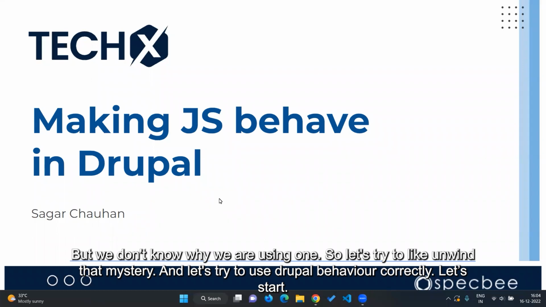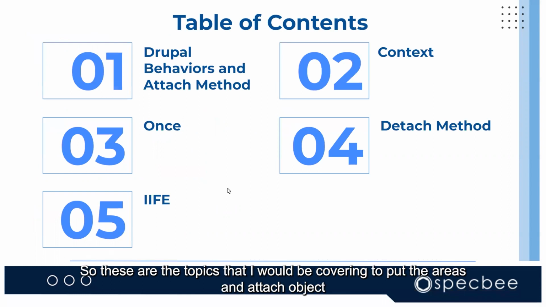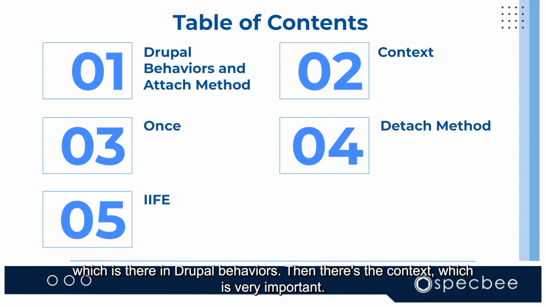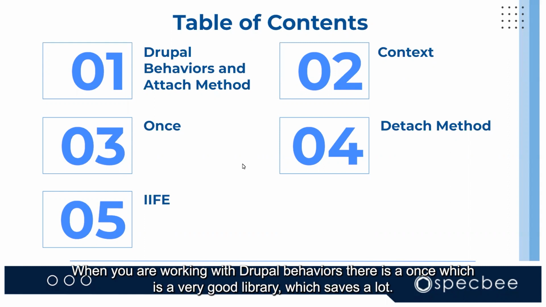So let's start off. These are the topics that I would be covering. Drupal behaviors and the attach object which is there in Drupal behaviors. Then there's the context, which is very important when we are working with Drupal behaviors.